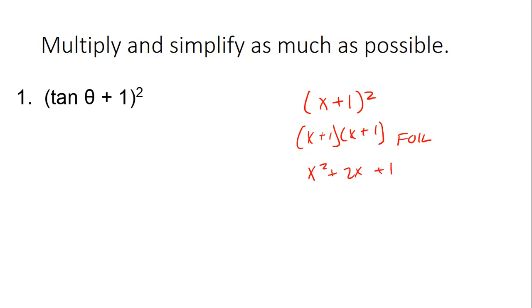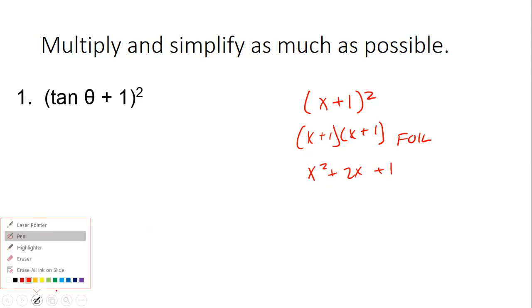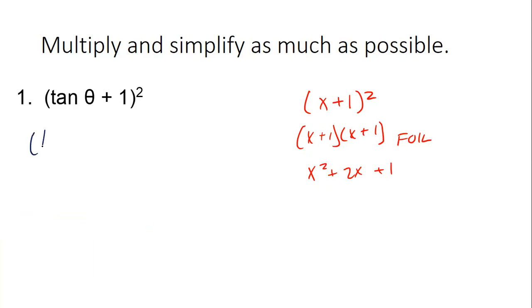Guess what? Same thing applies when there's a trig in play. So if I have tan theta plus 1 squared, what that means is that I have tan theta plus 1 times tan theta plus 1. And I would go through FOIL.